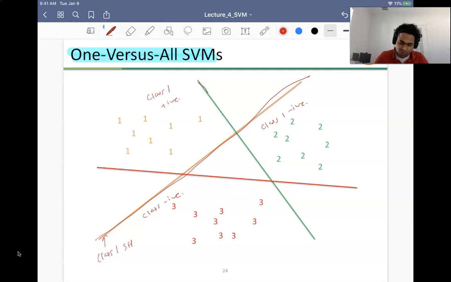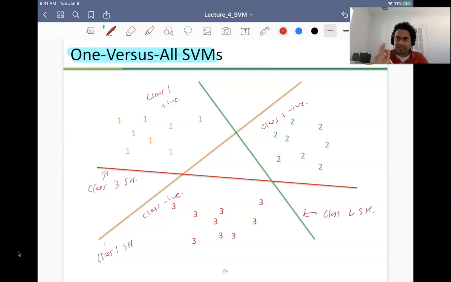Maybe this is the class 2 separating hyperplane, marked in green. I'll erase this line I've drawn, since it's evident from the color: this orange one is class 1, this is the class 2 separating hyperplane, and similarly this is the class 3 separating hyperplane.